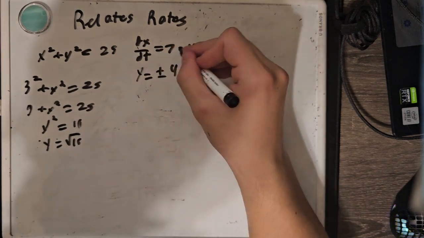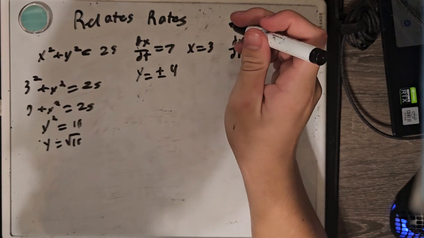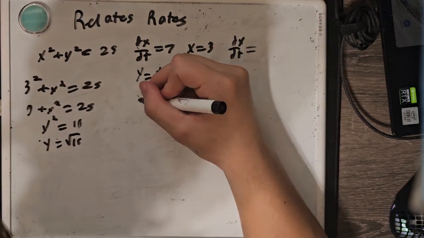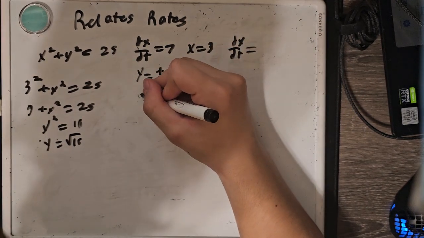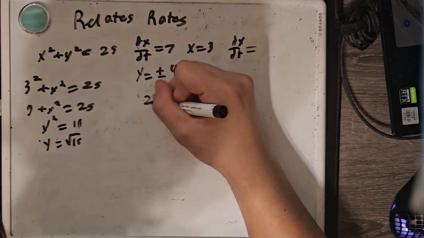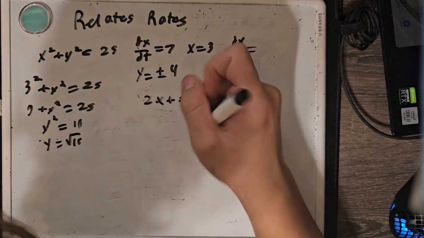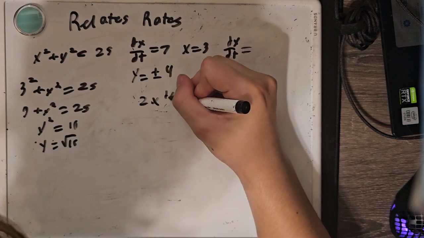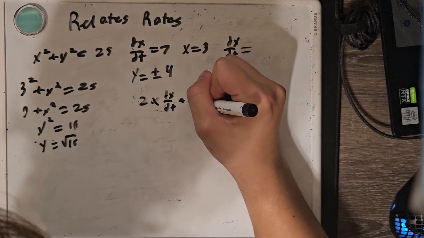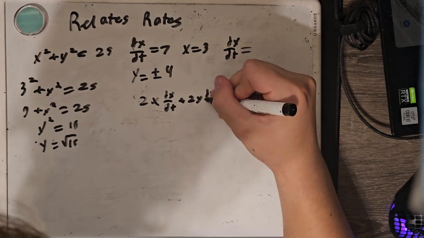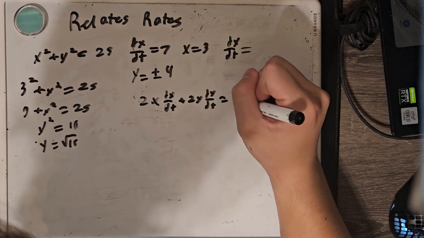Now we have all three, and the only term we need to find is dy/dt. So we take the derivative of this, which is 2x dx/dt plus 2y dy/dt equals 0.